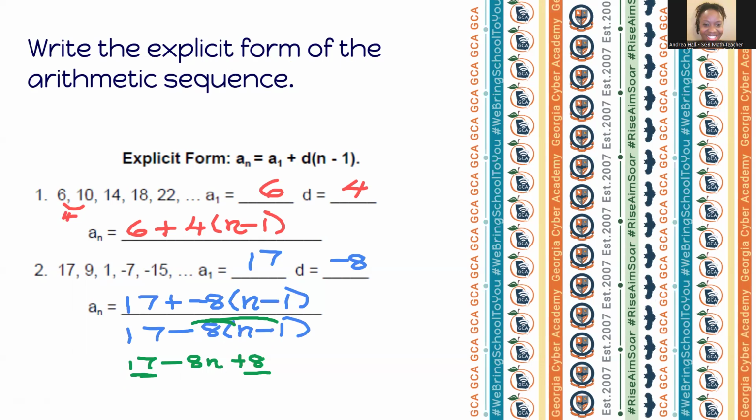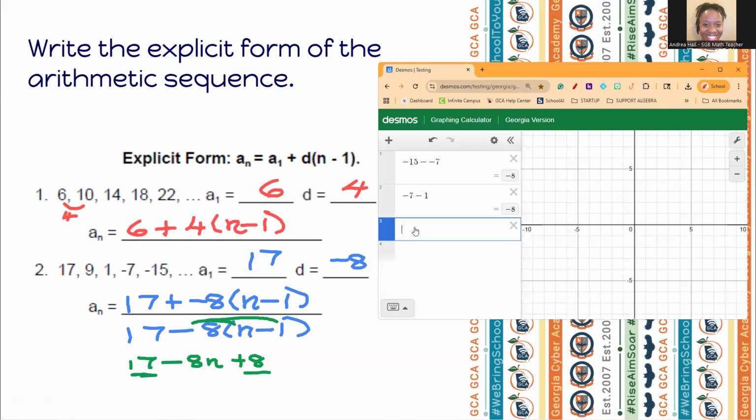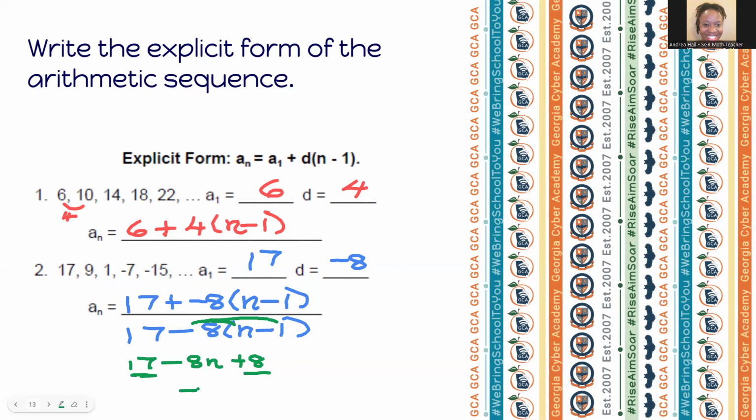And what's 17 plus 8? Grab your calculator. 17 plus 8 is 25. So that would be negative 8n plus 25. So sometimes you might see it simplified all the way down. All you're doing is simplifying, and that's also an explicit form.